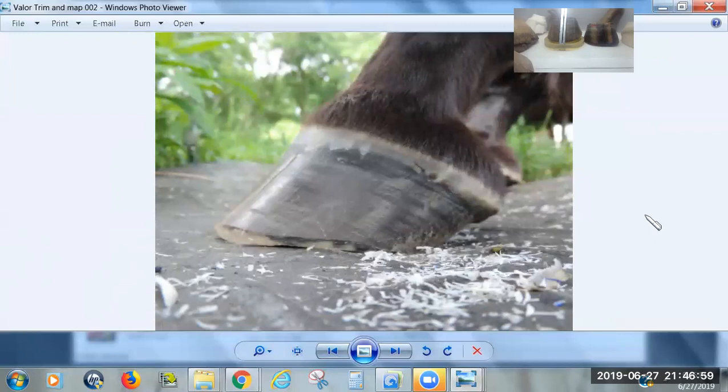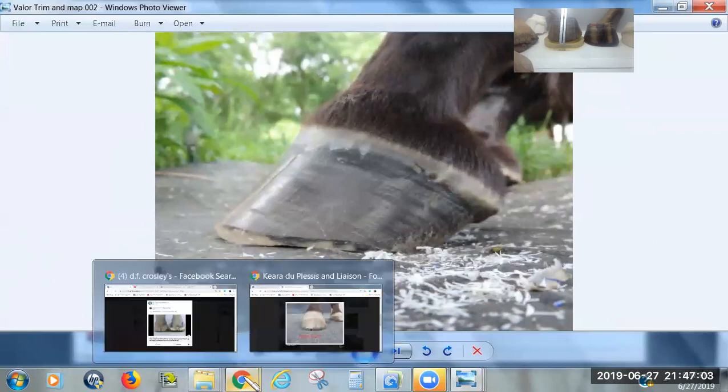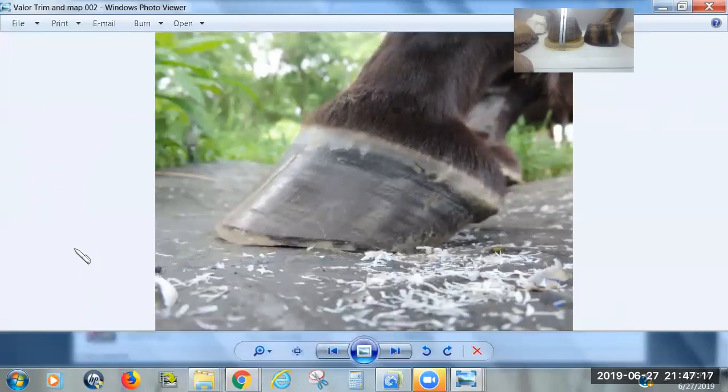Every 4 weeks. Oh, they got it more now. Every 3 weeks. Some people don't even have any hoof to trim at 4 weeks. Yeah, so they push them out there to 6.